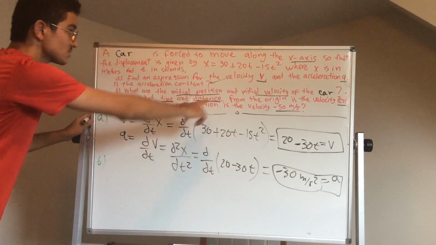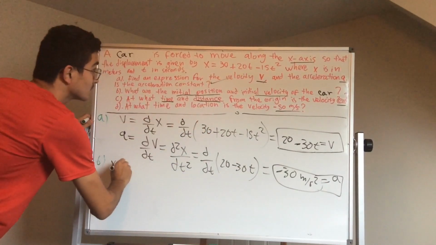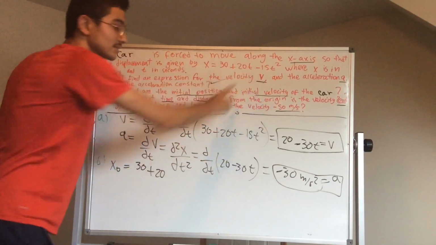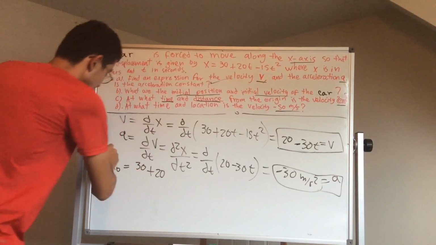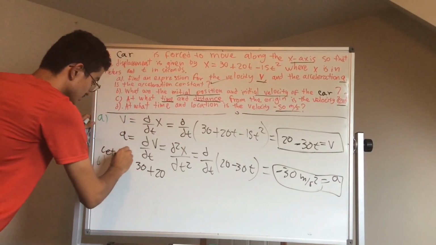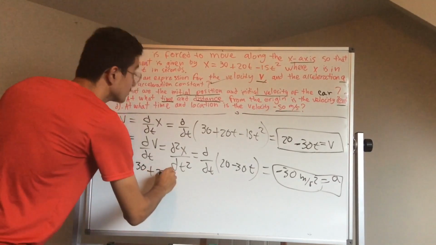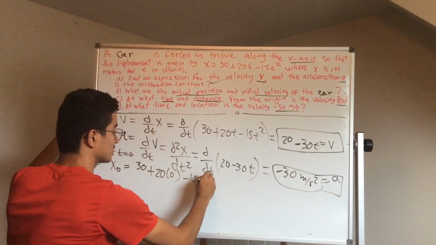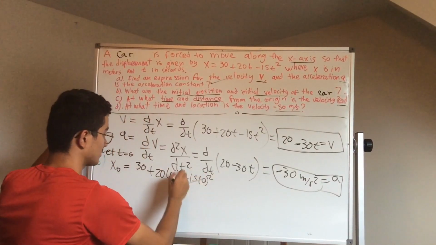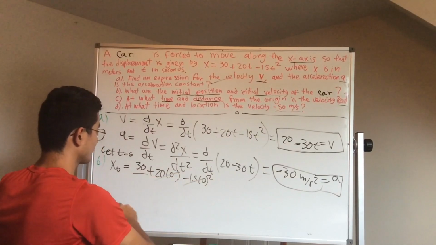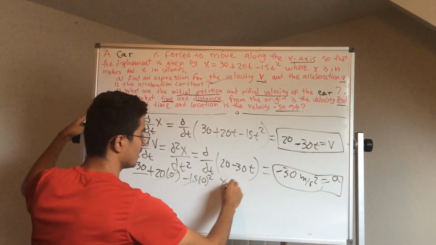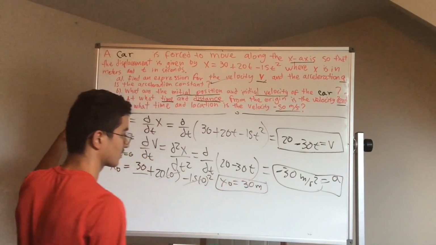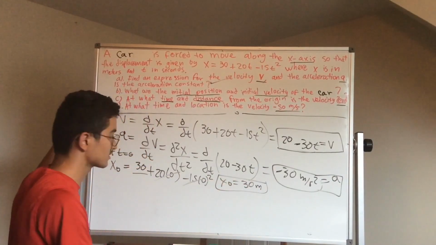To find the initial position x0, that's equal to 30 plus 20 times 0 minus 15 times 0 squared. That cancels out, and we're left with 30. So x0 is 30 meters. The initial position will be 30 meters.